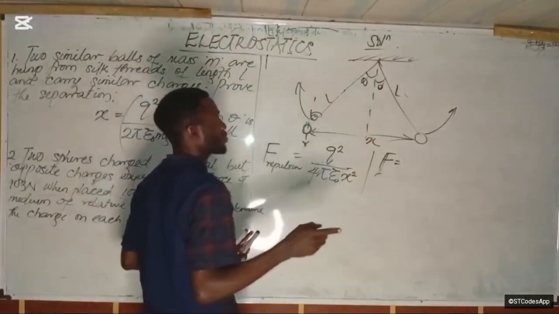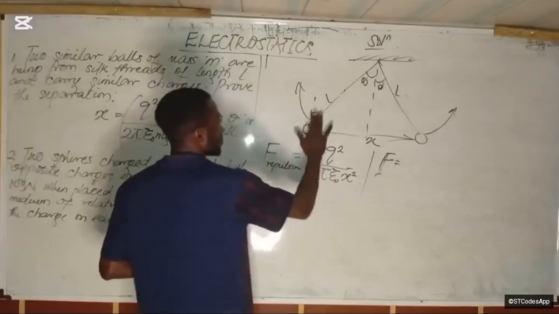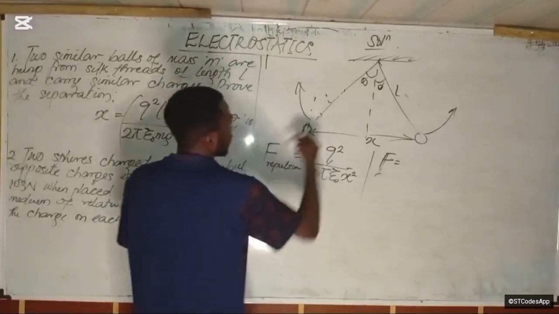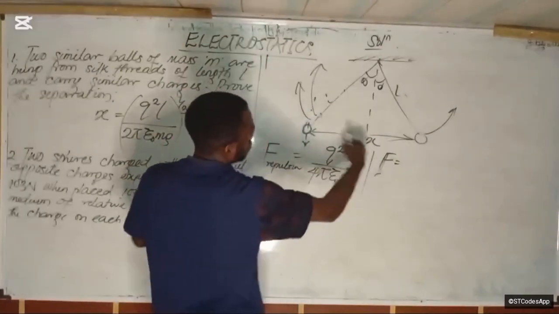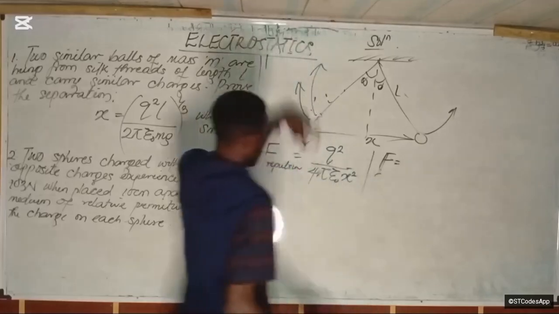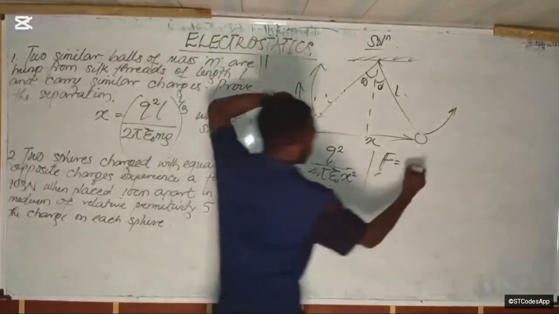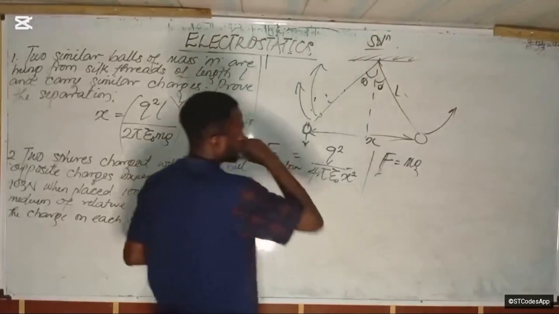Let's make the force act in this direction. So the force acting in this direction is going to be mg, which is the weight. The weight of the body will be mg.